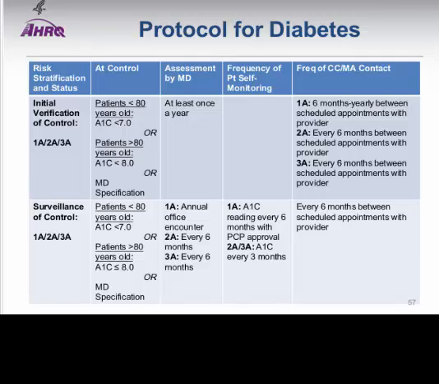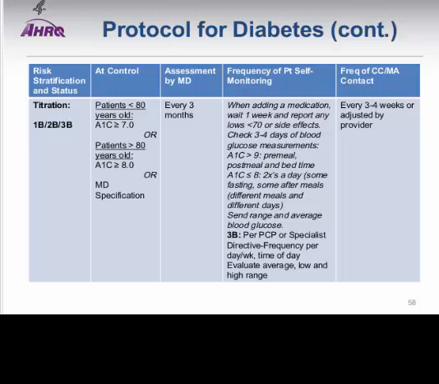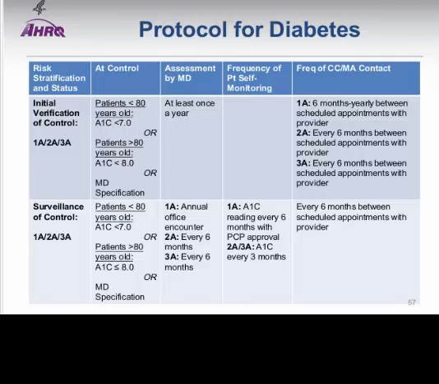They can either be in the process of being initially verified, which is the top box, or they can be in surveillance mode, or on the next slide, they can be in this mode called titration. And depending on which of these modes they're in, which status they have, there are different activities that should take place and different things that should be monitored.